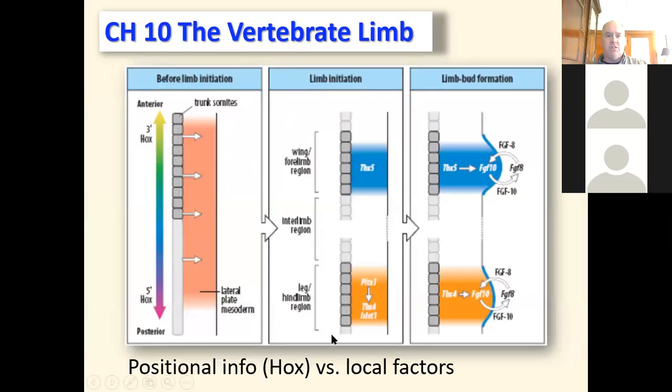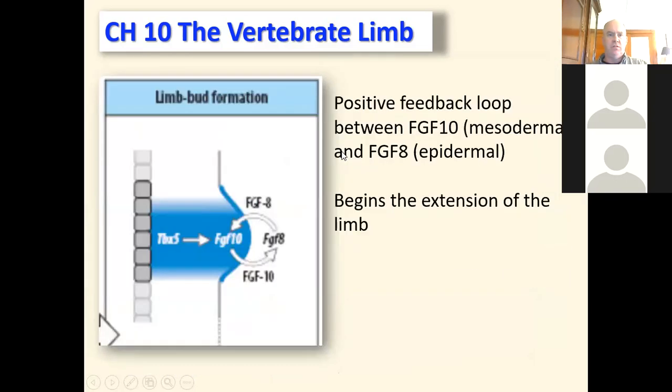And here's the regional specification. If you're up in the upper thorax here, you've got Hox genes 4 and 5 being expressed, and that brings up TBX5, which tells you this is going to be a wing.